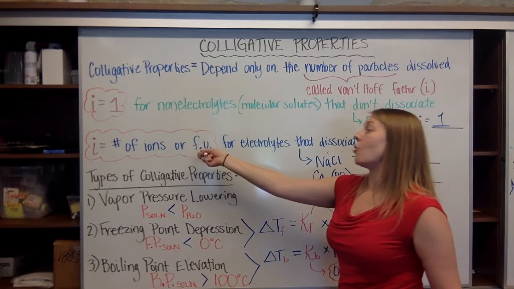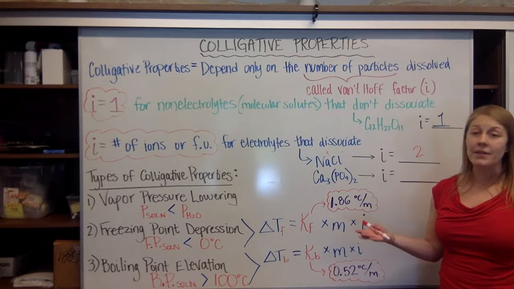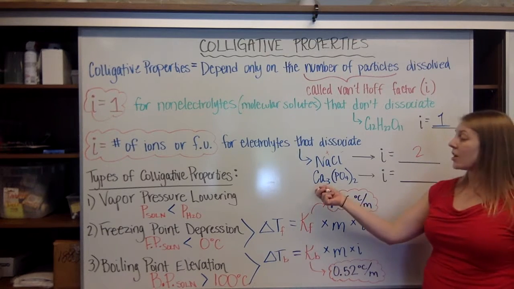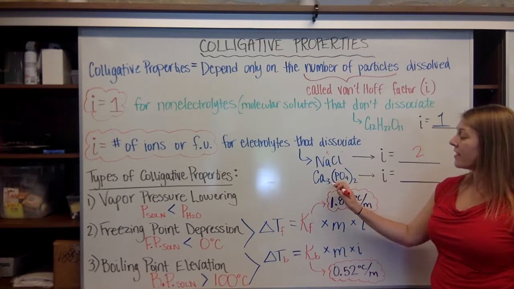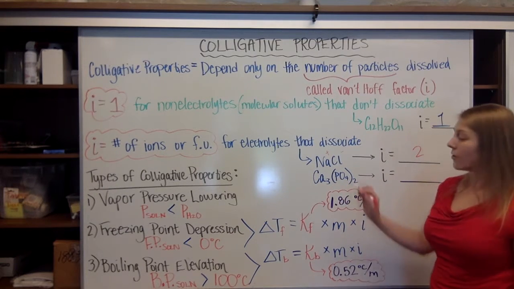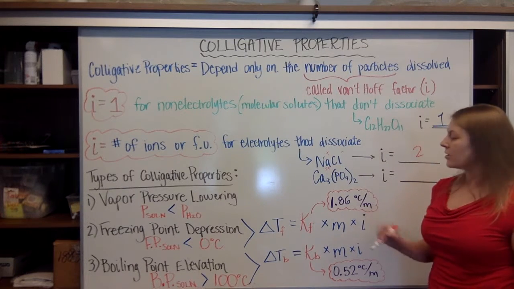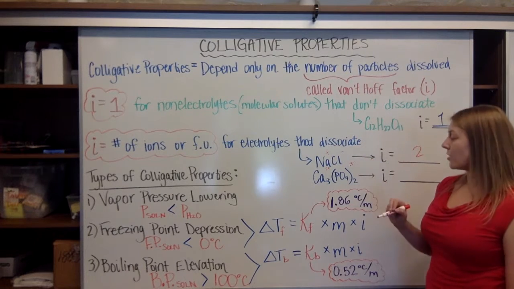Now this says ions or formula units, so we also have to pay attention to formula units. We don't break them up into their individual atoms, we keep the formula units together. So here we have Ca3(PO4)2. Well, there's 3 calciums, right? If you remember the calcium ion, 2+ charge. The PO4 phosphate, 3- charge.